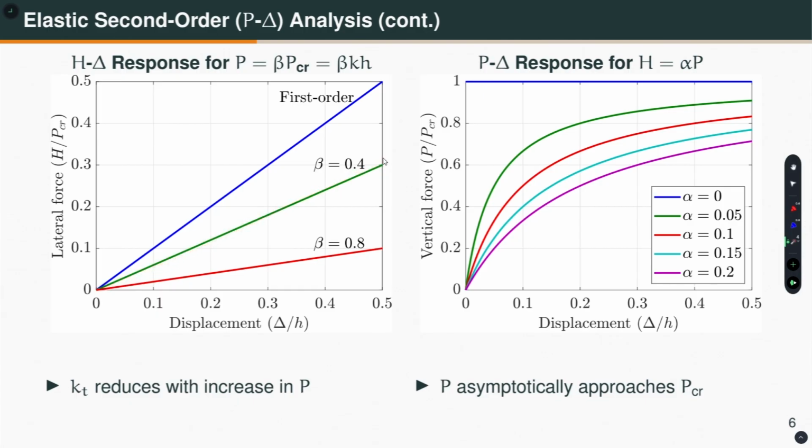The force versus displacement relationship, lateral load versus displacement, is linear, but with a reduced stiffness because of the geometric stiffness. Now, if I increase the load, 80% of the critical load is now applied, then you see the stiffness is reduced further. When I apply 100% of the critical load, what is the load displacement plot? Well, the stiffness becomes 0, because geometric stiffness is equal to the k.